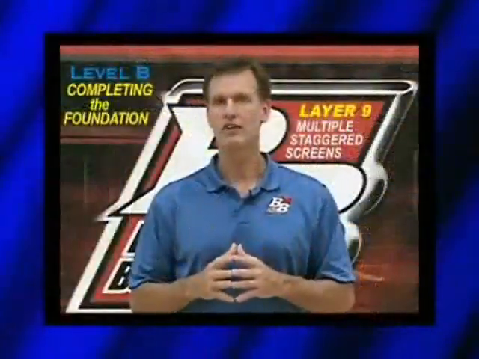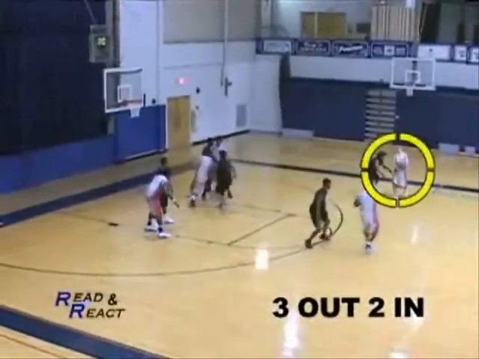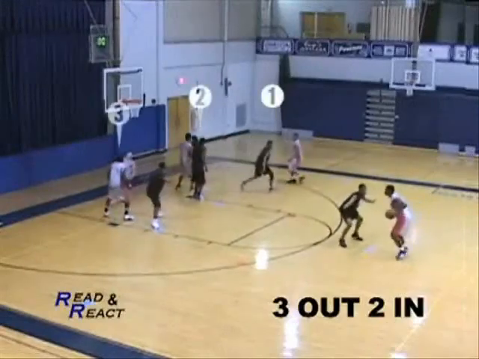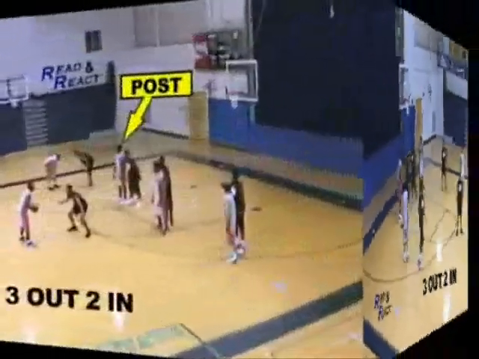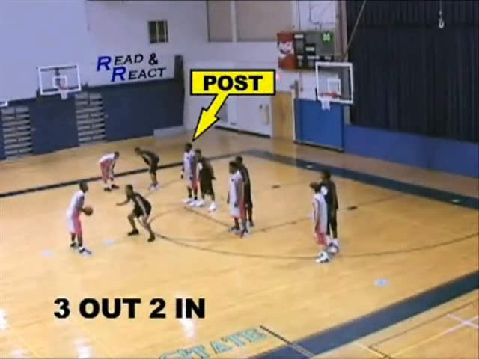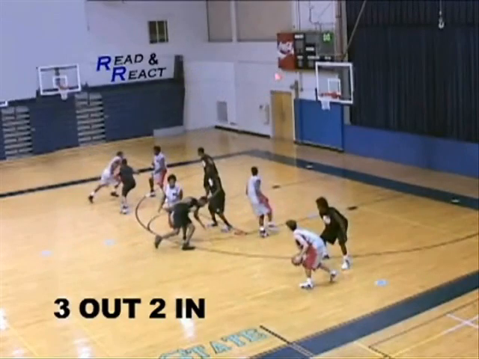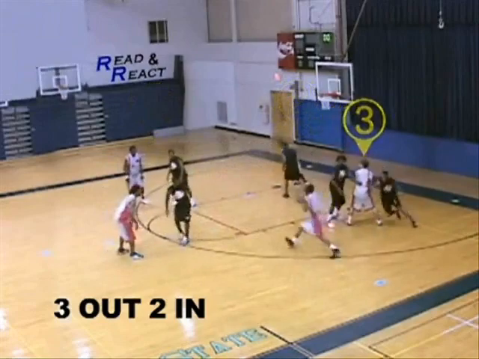What about 3-out, 2-in? Any back screen on a perimeter player almost automatically turns into a triple staggered screen. A post player or a perimeter player could set the initial back screen. It won't matter. There will still be 3 screens available most of the time.